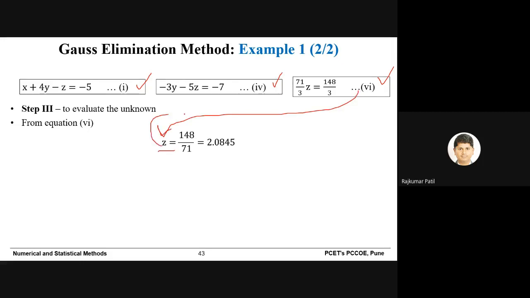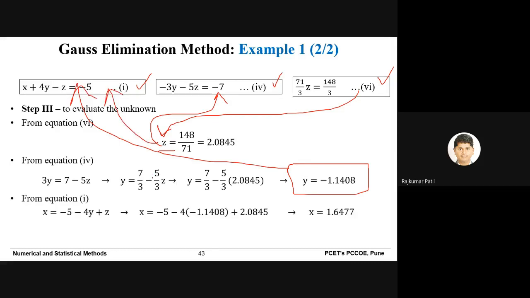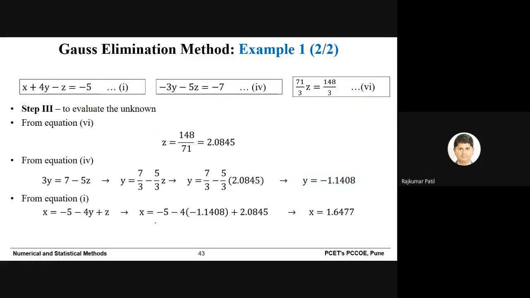Then put this value of z in equation number 4 and solve, you will get the value of y. Again, put the values of z and y in equation number 1 and simplify, you will get the value of x. So this is for understanding purposes. I am explaining this particular problem and you will get the values of x, y and z.